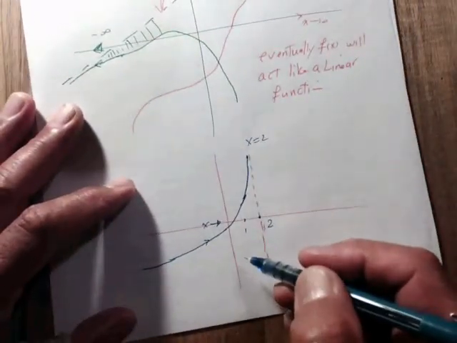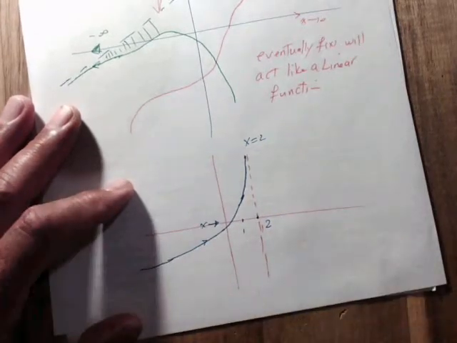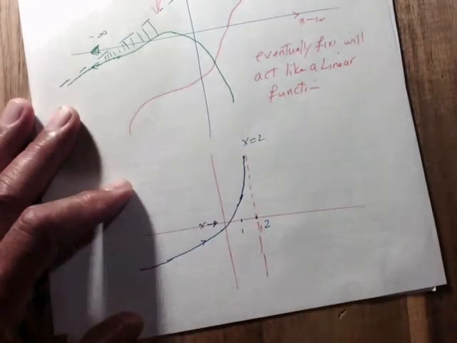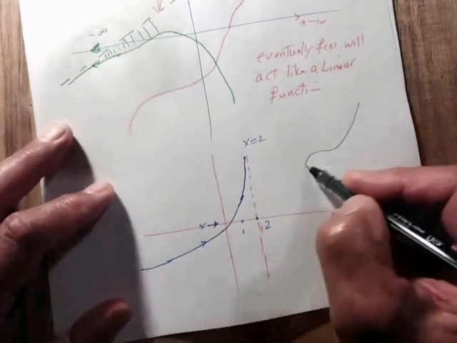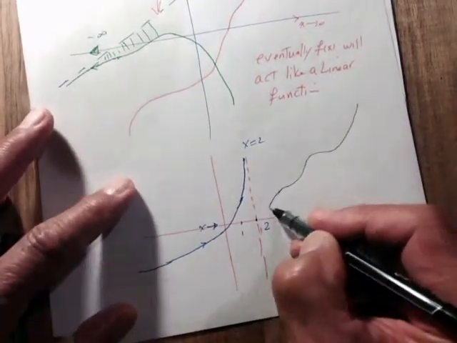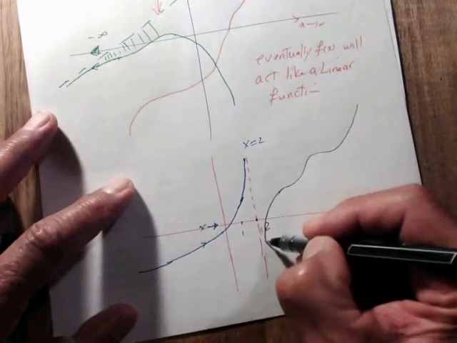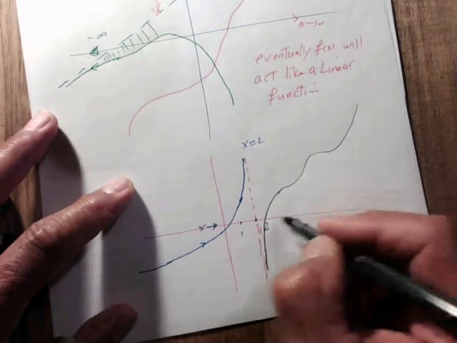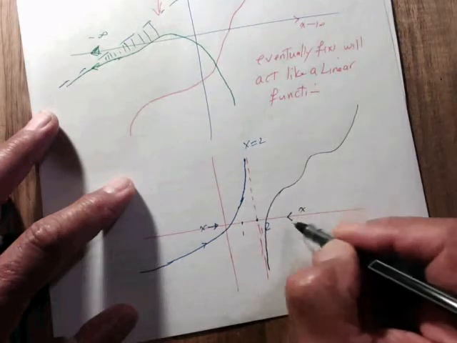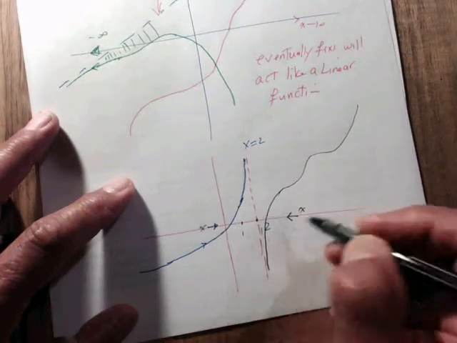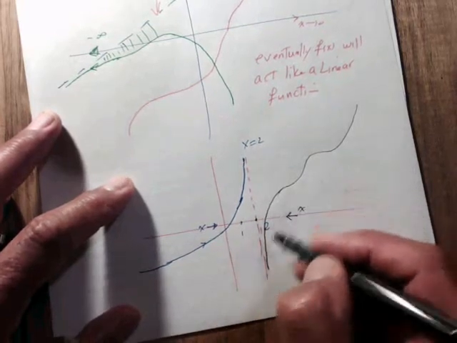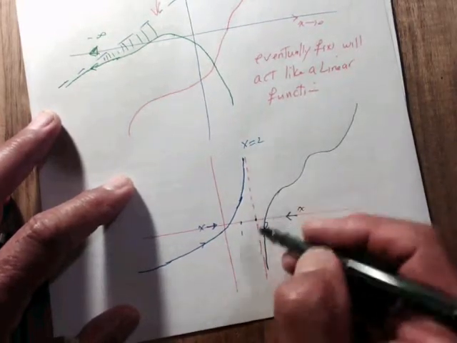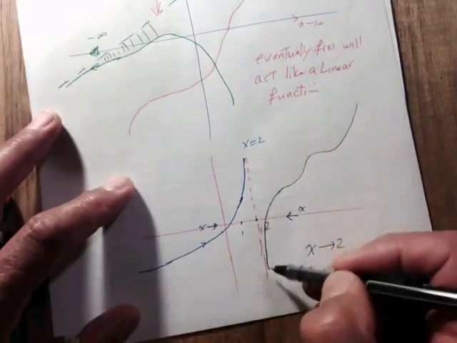Like, if I go from the left, let's say I have something like this. If x approaches 2 from the right side, then the graph of the function meets this red one eventually.